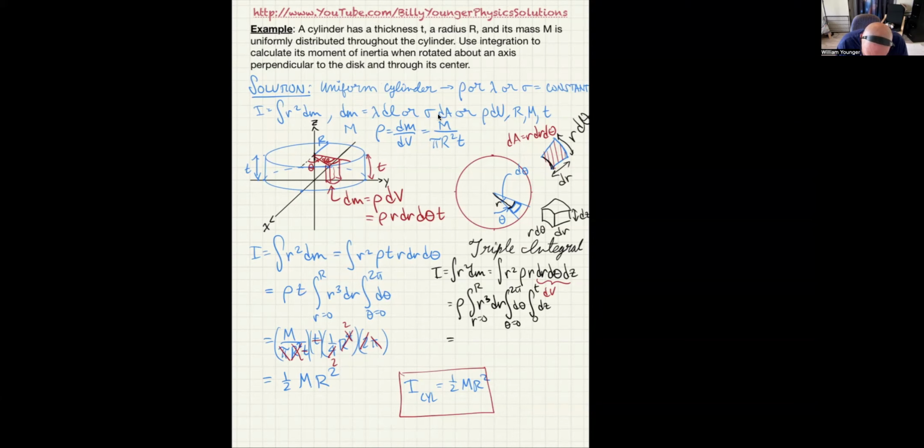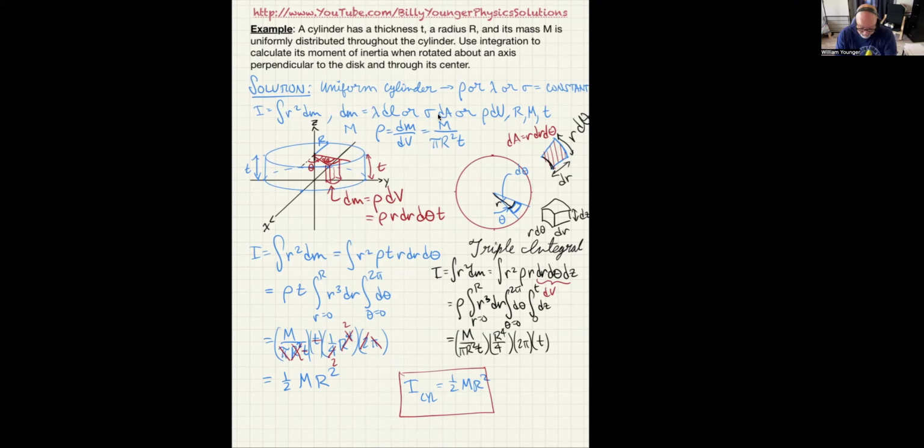When I complete this integral, plugging in the m over πR squared t for the rho, the integral of r cubed is 1/4 r to the fourth, so that's going to be r to the fourth over 4, and the integral of dθ would be θ, evaluated at 2π, and at 0, the 0 gives us 0, and then the integral of dz from z equals 0 to t is just going to be z evaluated at t, which is t, and minus z evaluated at 0, which is 0.